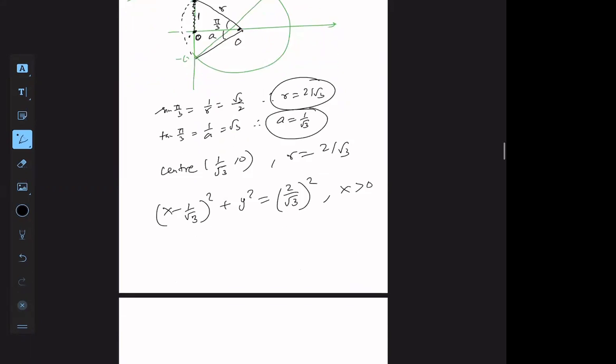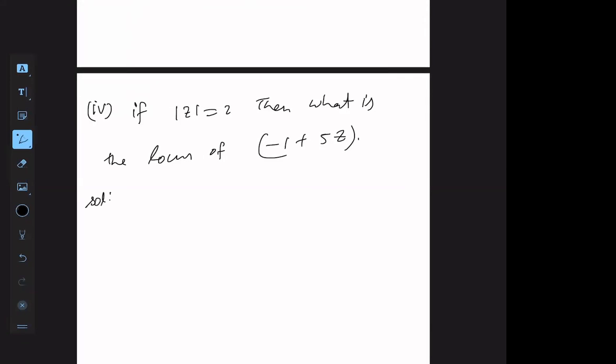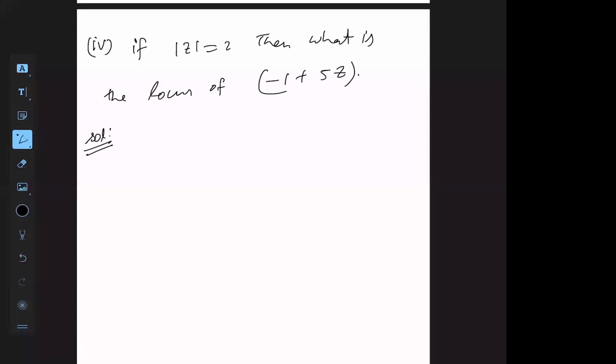Understood? If mod z equal to 2, then what is the locus of minus 1 plus 5z? How can you calculate?